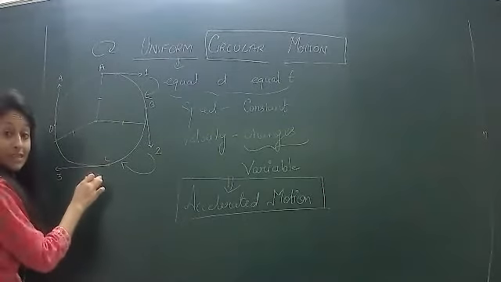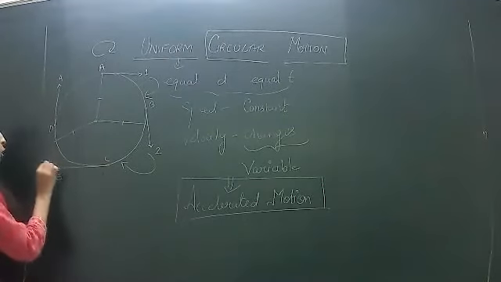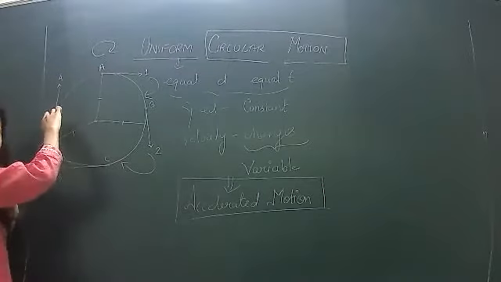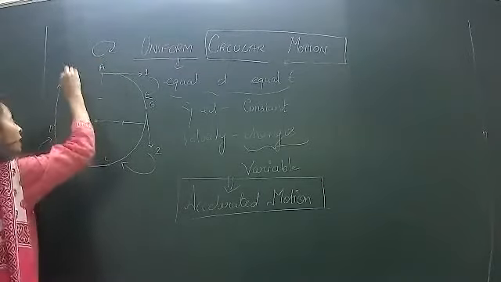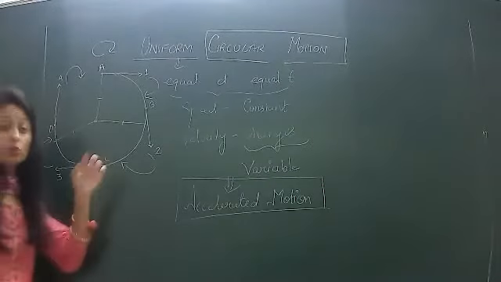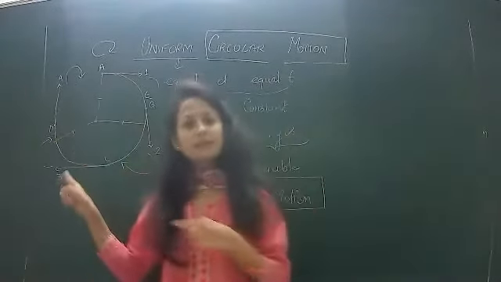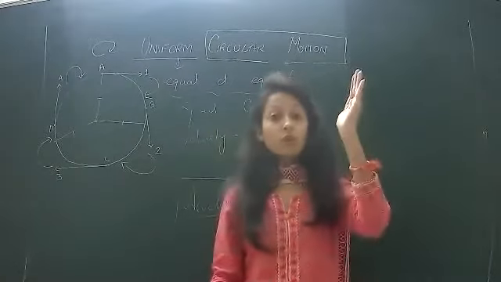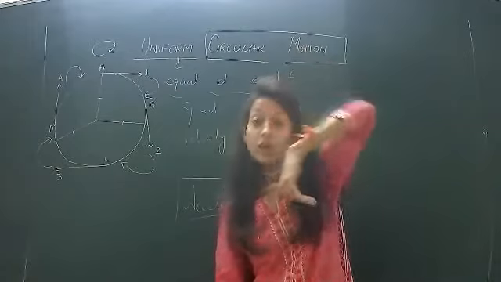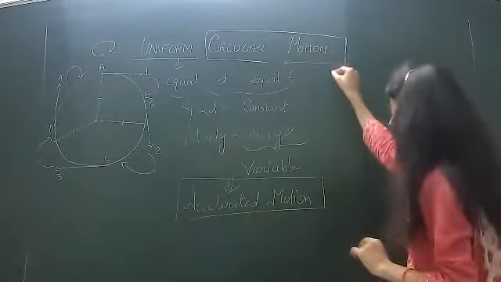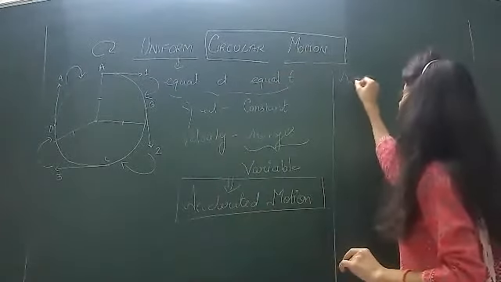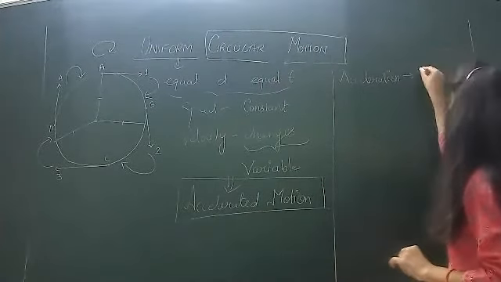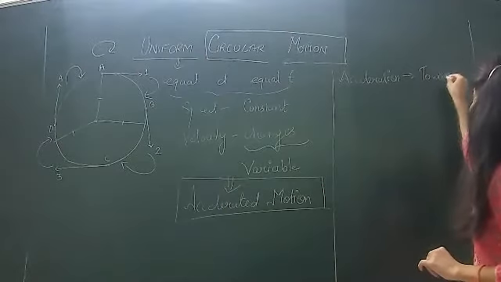In any other case too, while performing circular motion, the object will take a turn towards the center. Hence, the acceleration of the object is always directed towards the center.